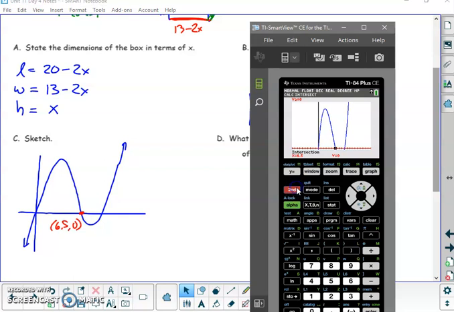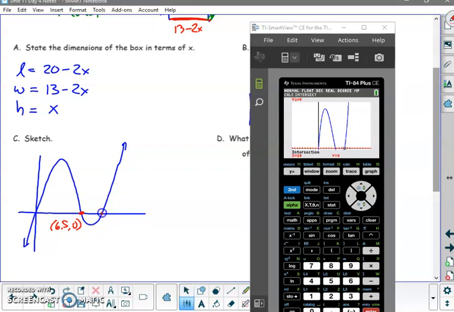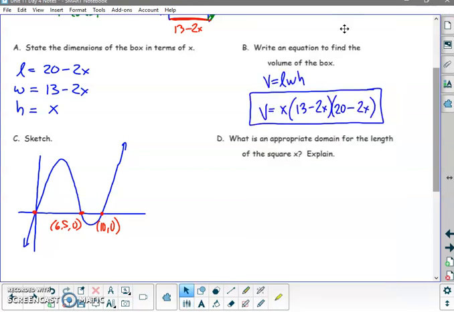And the other one, second calc, intersect, 10, 0. And I also know it goes through the origin.